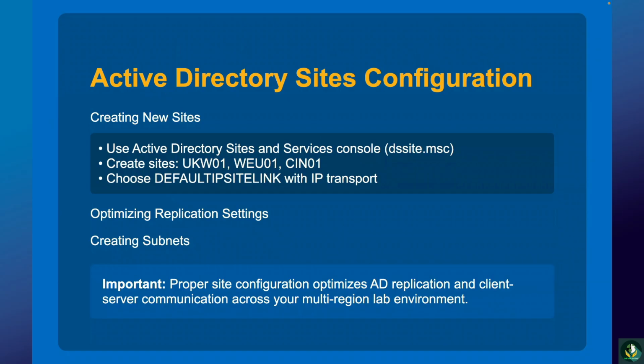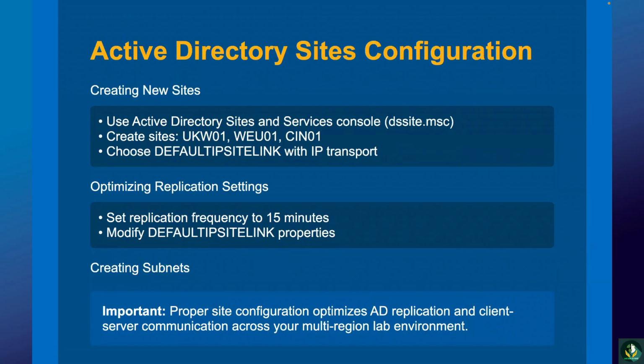To do so, open the console, right-click on the Sites option, select New Site, and enter the site name, such as UKW01, and then choose the default site link with IP transport as the site link, and repeat this process for the West Europe site and the Central India site. Now, to optimize replication, it's recommended to adjust the replication frequency.